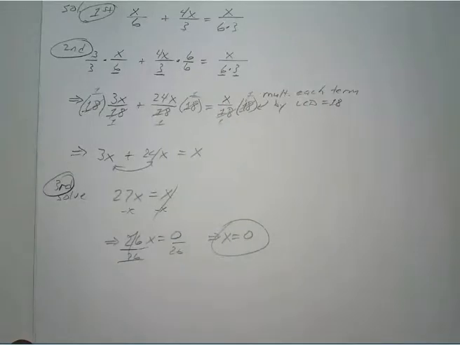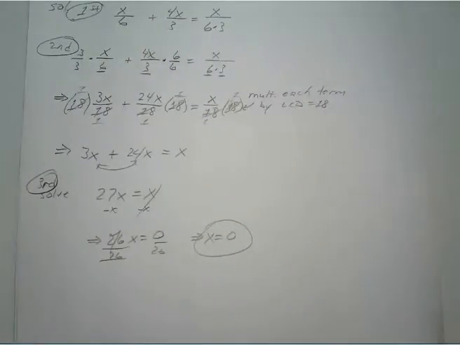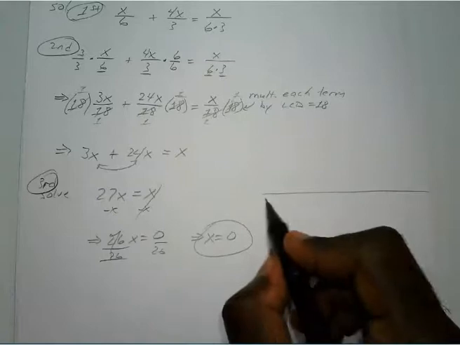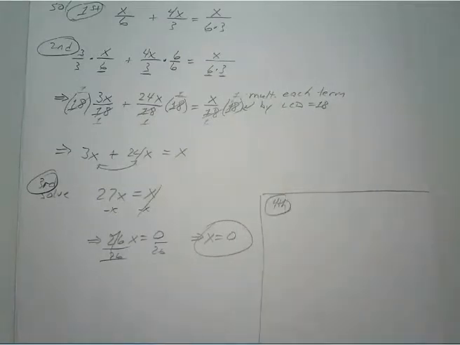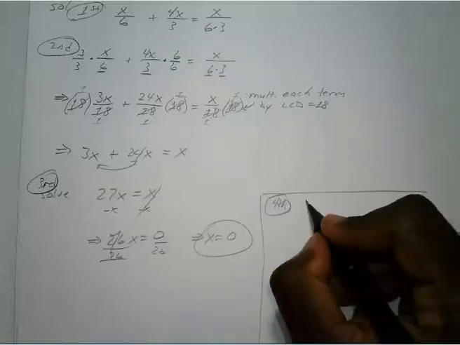But now we have to double check for our fourth step. We just want to make sure, and you can kind of do this in your head. You don't have to write this down.